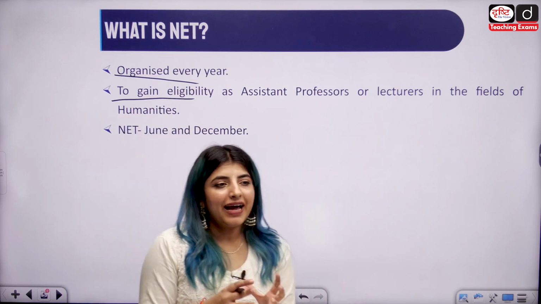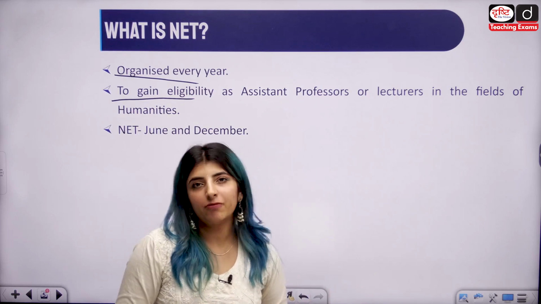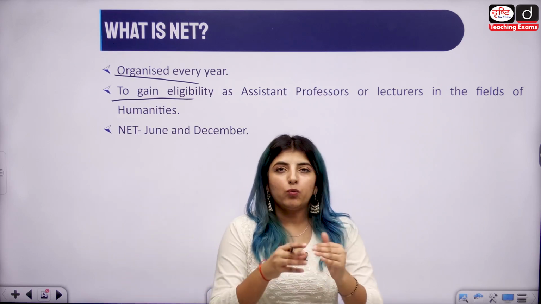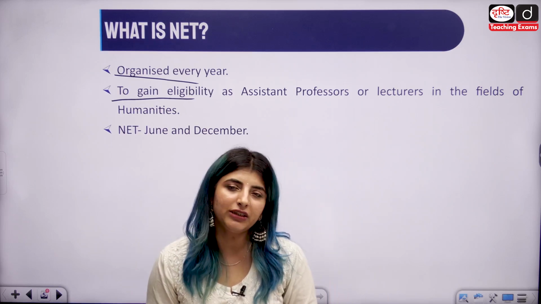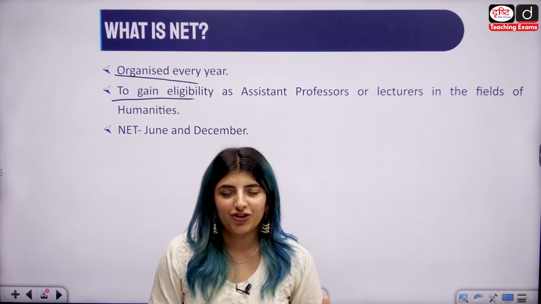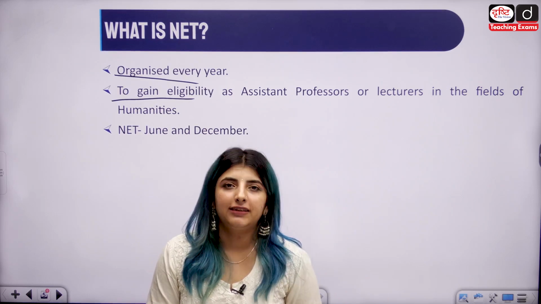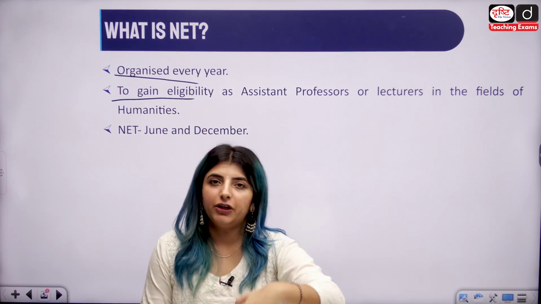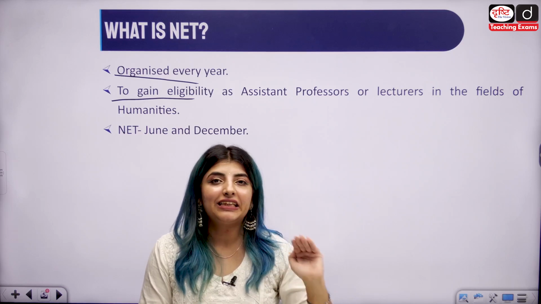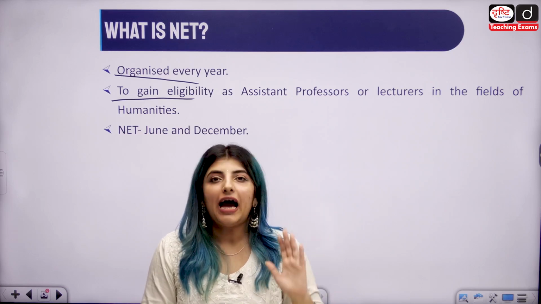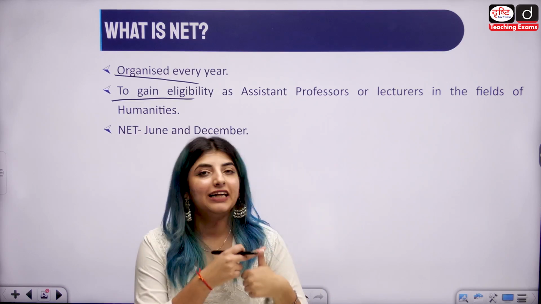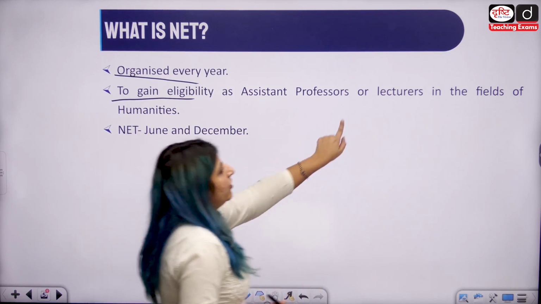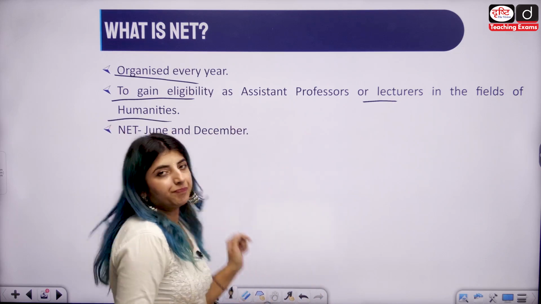Now you all would be having some goals in your mind about what you want to be, and one of those goals after masters, usually for a student, is that if you are into teaching, you want to become an assistant professor. So this particular examination, in 83 subjects, happens for the same reason: if you want to be an assistant professor or lecturer in the fields of humanities.